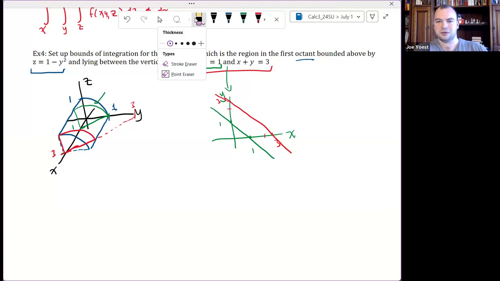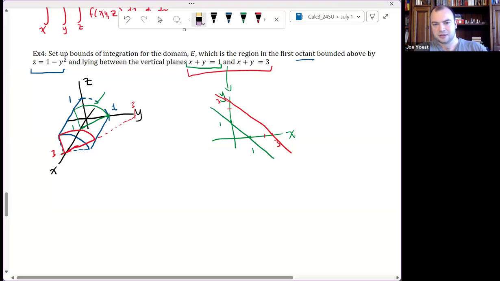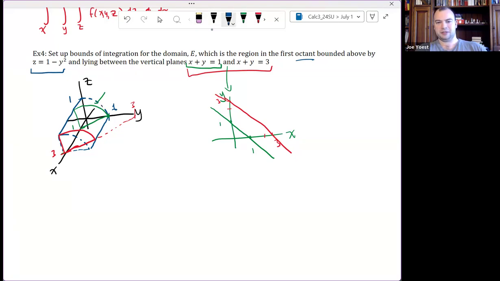Let me do a little bit of work with my eraser here. These blue bits at the end here are only for illustration, so I'll draw them as dotted curves now.